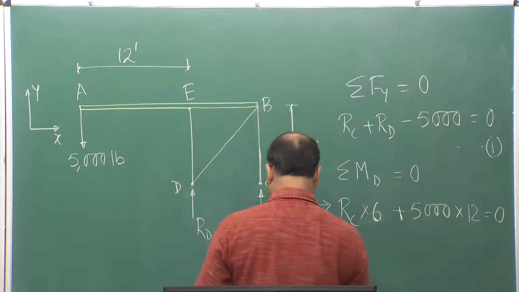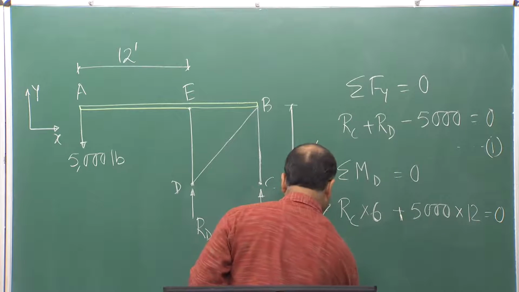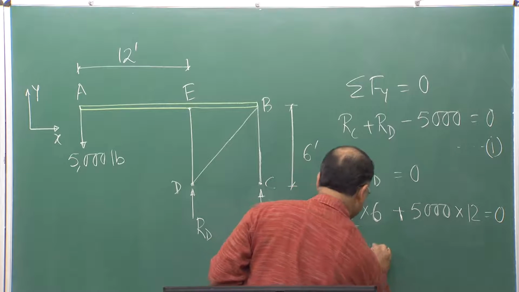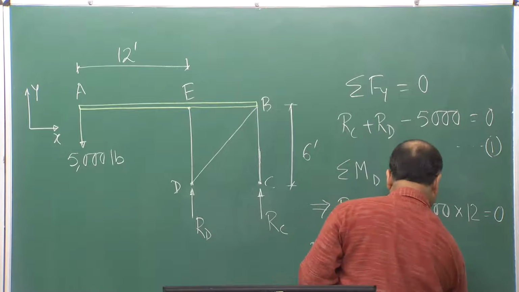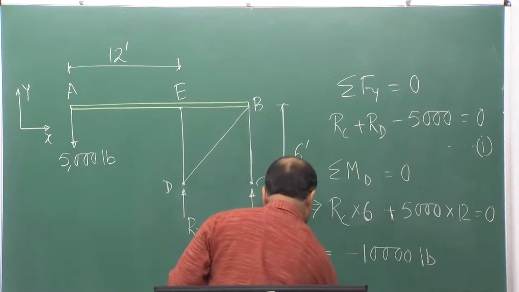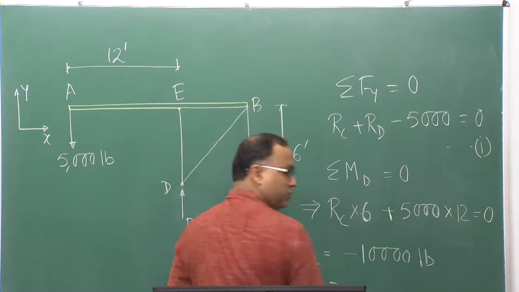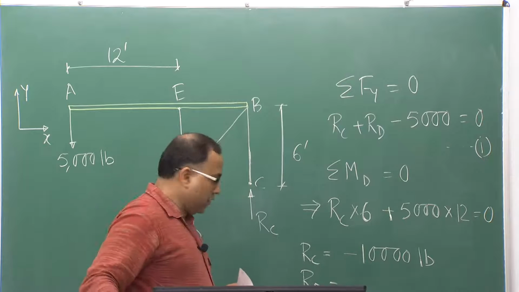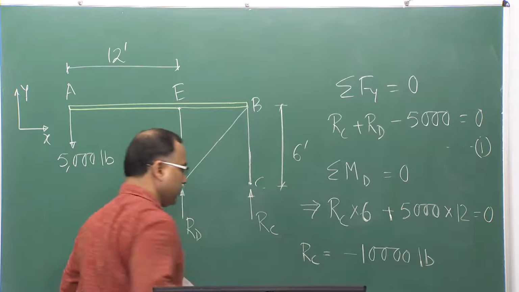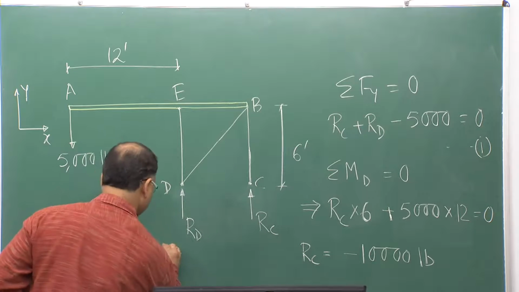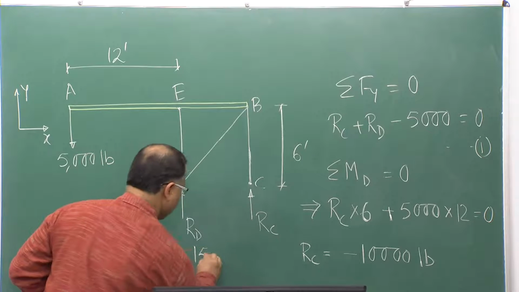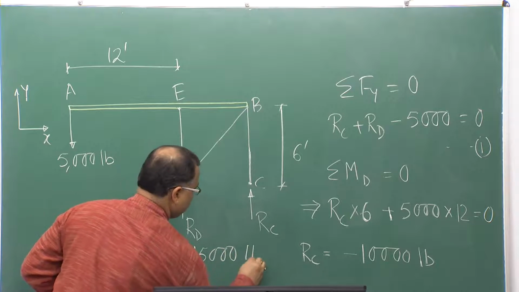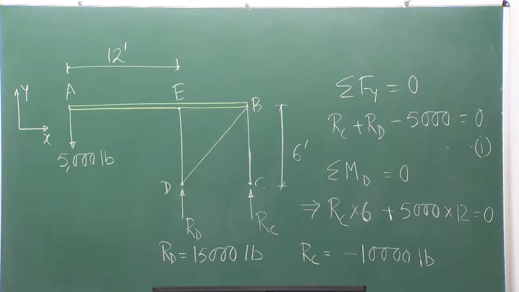So, from this I will be getting RC equal to minus 10,000 pound and RD equal to 15,000 pound. So, these are your support reactions.